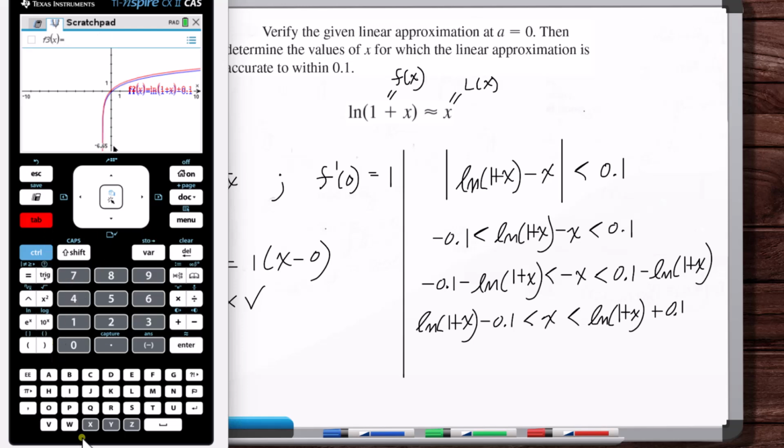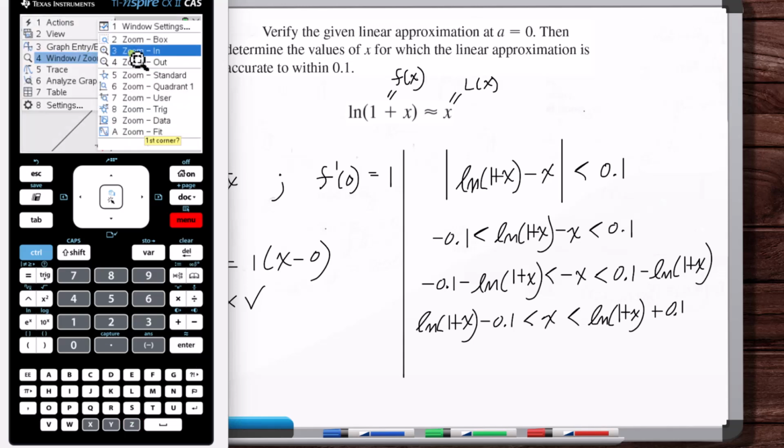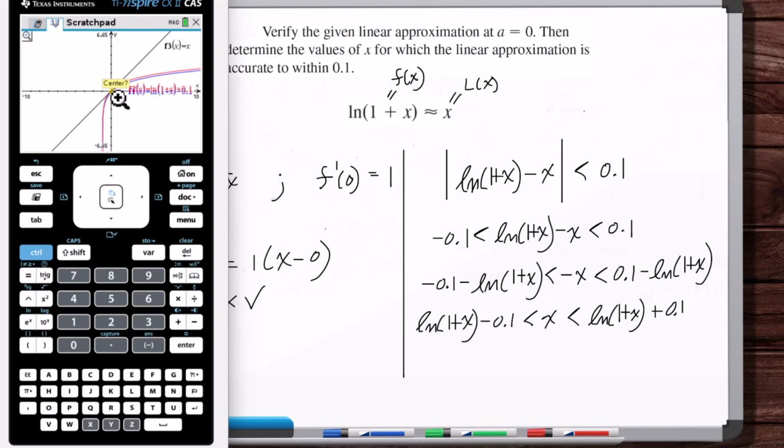Now, if we zoom in, okay, so what is this point and what is this point?